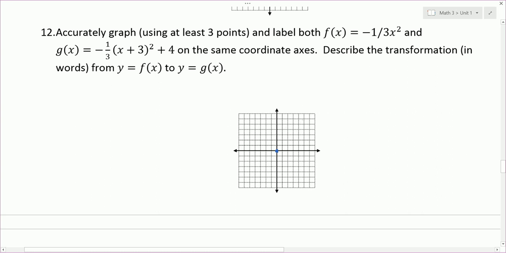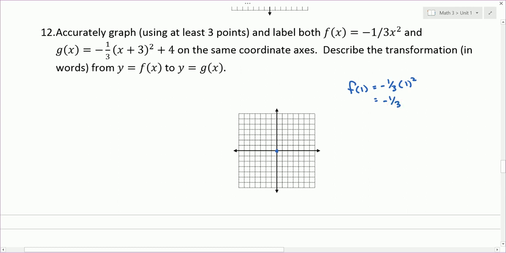And then we can plug in 1 unit to the right of our vertex to get another point. But notice when we do that, we end up with a fraction, negative 1/3, which we can graph.